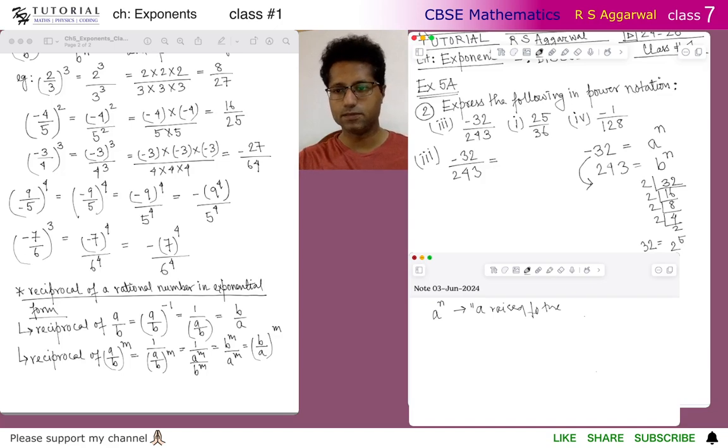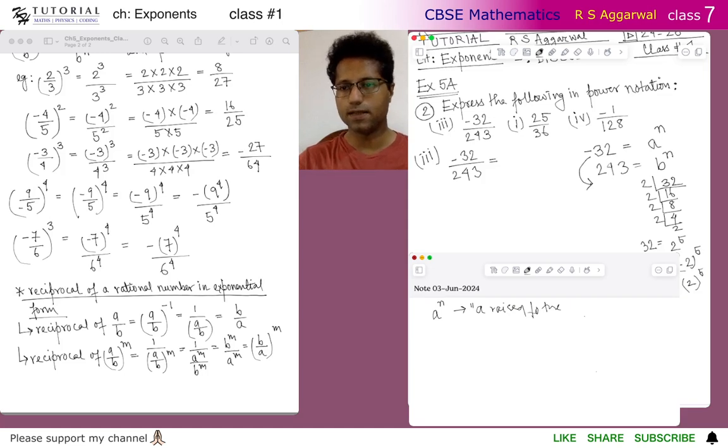So we can write that minus 32 will be minus 2 to the power 5, because since the power 5 is odd and the number is negative, minus 2 to the power 5 equals minus 32.